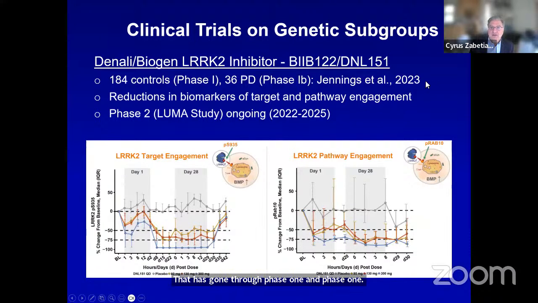The results were published in Movement Disorders last year. It was shown to have both good target engagement and pathway engagement and to be safe. And now there's a phase 2 study that's been ongoing since 2022, the LUMA study, that's enrolling a larger group of patients, both patients with LRRK2 mutations and patients without.